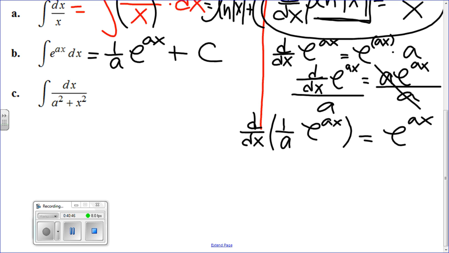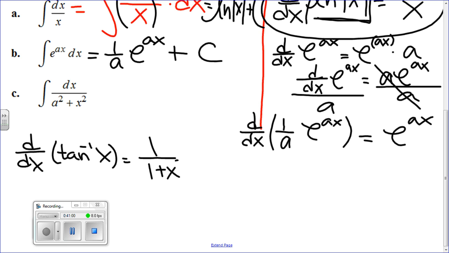Okay, now the next one. Let's finish this one quickly. I promise, it's very easy. If we consider the derivative of tangent inverse of x, it's going to be 1 over 1 plus x squared. So now what I'm going to do here is change this x for x over a.